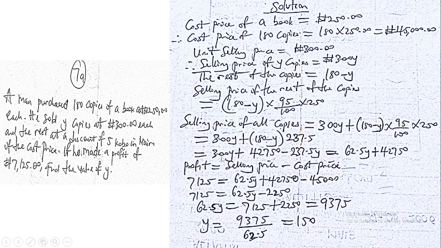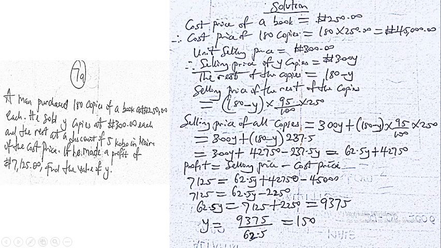Then from there we can collect like terms: 300Y minus 237.5Y. You can subtract them because this has Y and this also has Y. So 300Y minus 237.5Y will give us 62.5Y plus 42,750. So everything here is the selling price.